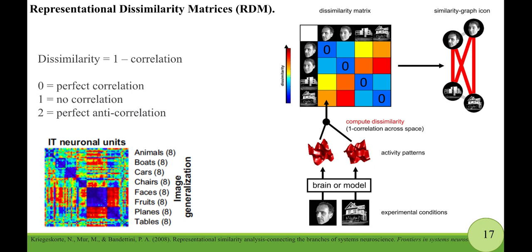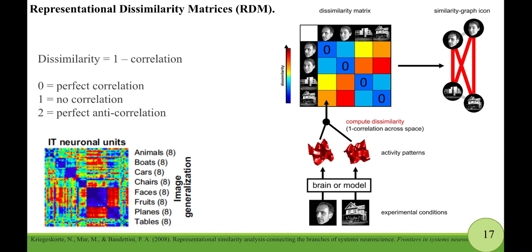When we have 0, it means there is perfect correlation. When we have 1, the correlation is 0, so there's no correlation. And we have perfect anti-correlation, which is 2, and we can have numbers in a range between these.